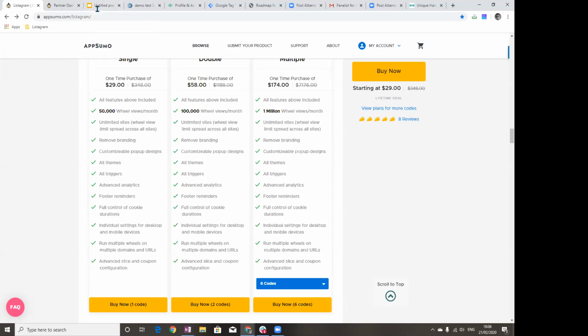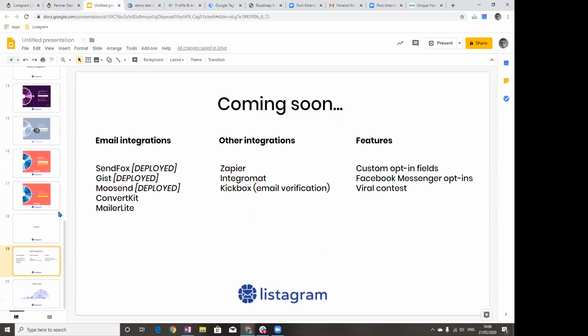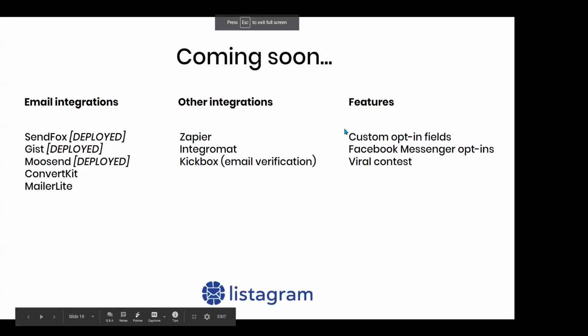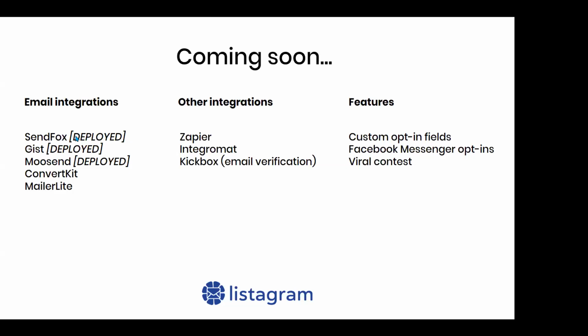I'll go back to the demo in a second, but I also wanted to talk about what's coming soon. We've got a few email integrations that have been suggested to us while we've been on AppSumo. We've got SendFox, which has been deployed, and Gist, which has been deployed as well. Coming in the next few weeks, we've got ConvertKit and MailerLite.